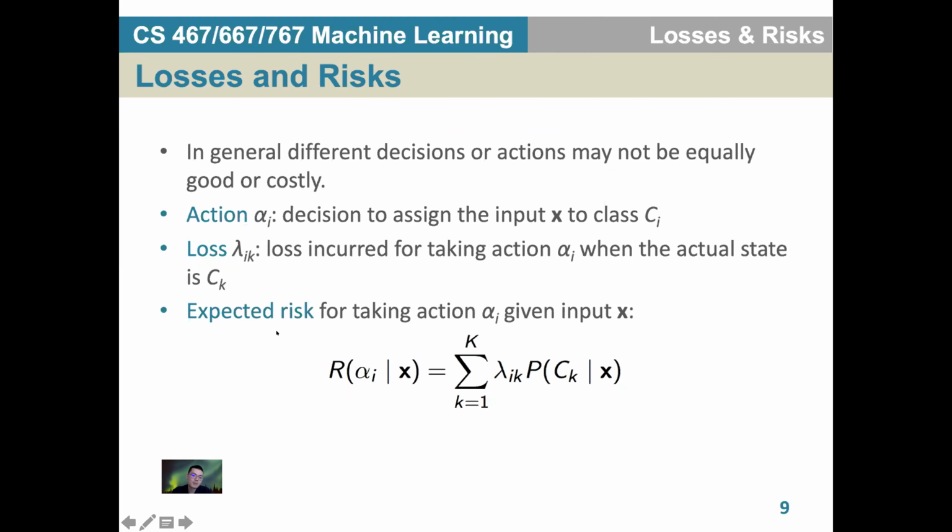So now, what is the expected risk for taking action alpha given the input? The expectation is this. Can you see this?